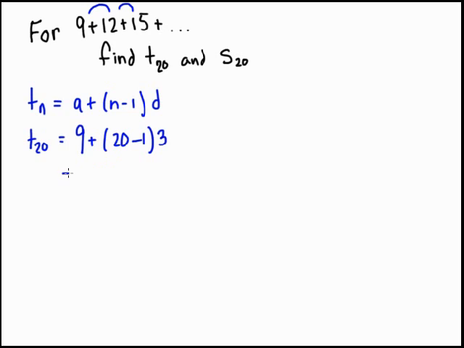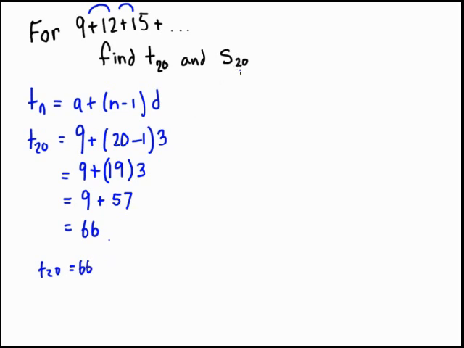So term 20 is going to equal 9 plus 19 times 3. Okay, so 19 times 3 is 57, and 9 plus 57 is 66. So we found term 20. Term 20 is equal to 66.